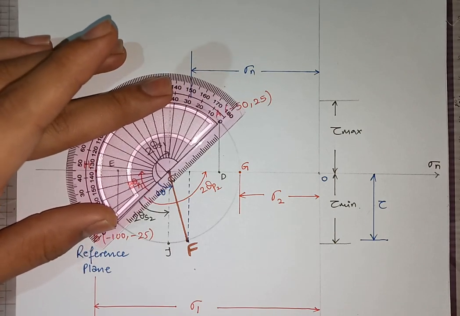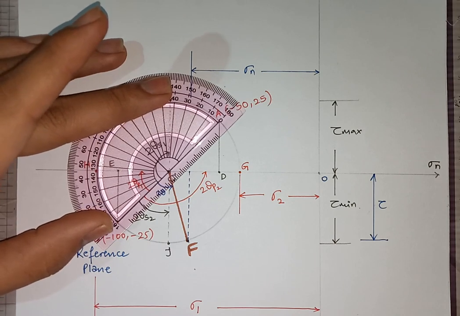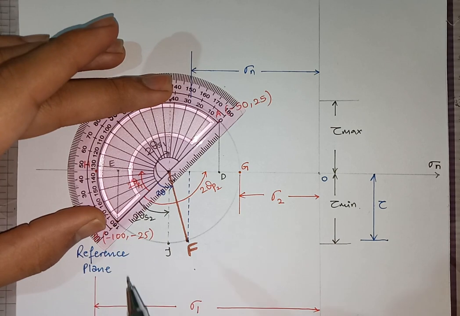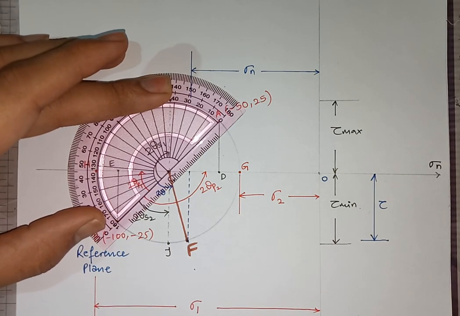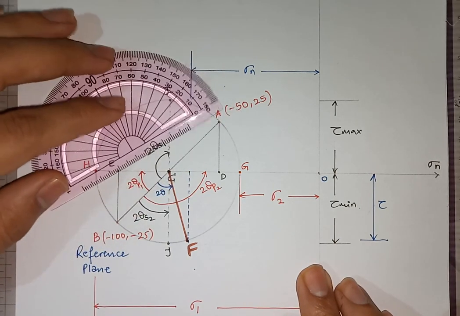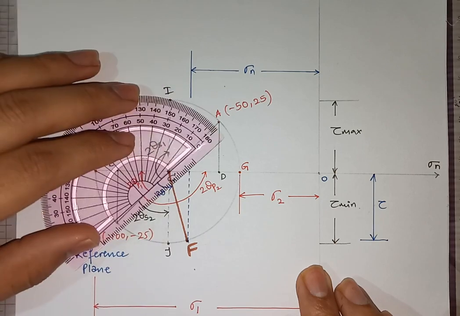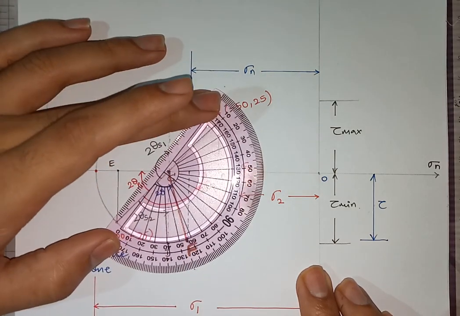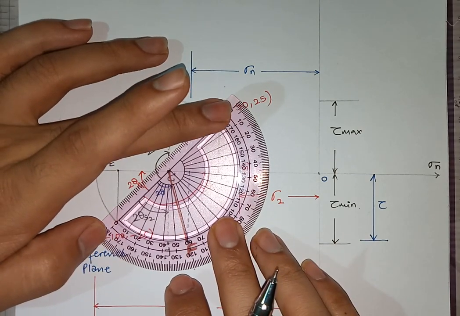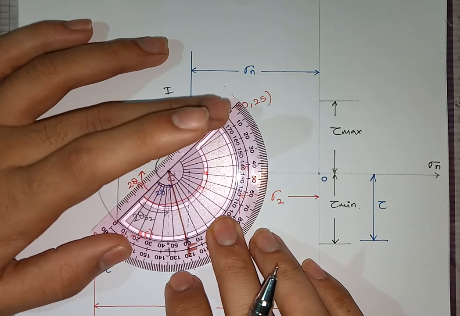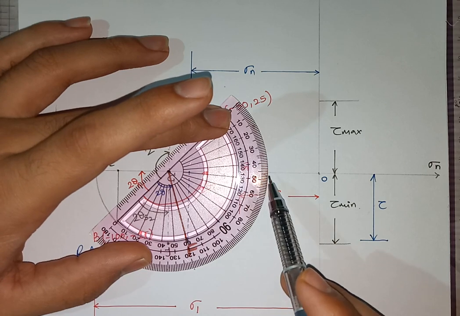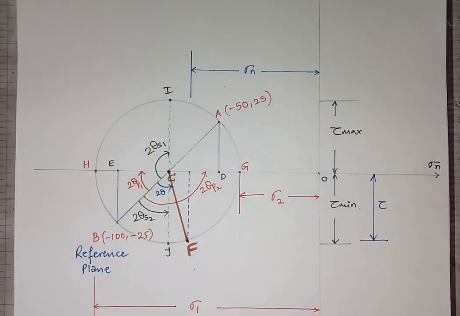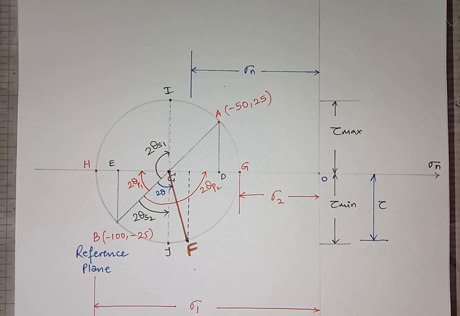So 2 theta p1, that angle is 46 degrees anti-clockwise, and 2 theta p2 is 134 and 46, right?